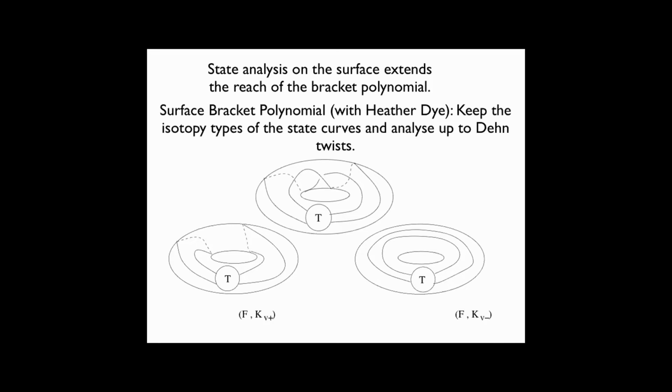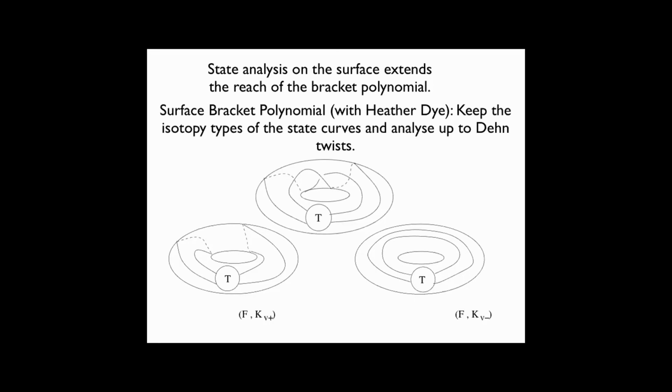Again, this is just something I'm mentioning, but it's a powerful method if you want to use it. Instead of just doing the bracket polynomial on diagrams, get your knot on a surface. Maybe you can find out that it's the minimal surface, or maybe you use this technique to find out that it's the minimal surface. You expand it in the surface and look at the isotopy classes of the state loops in the surface.